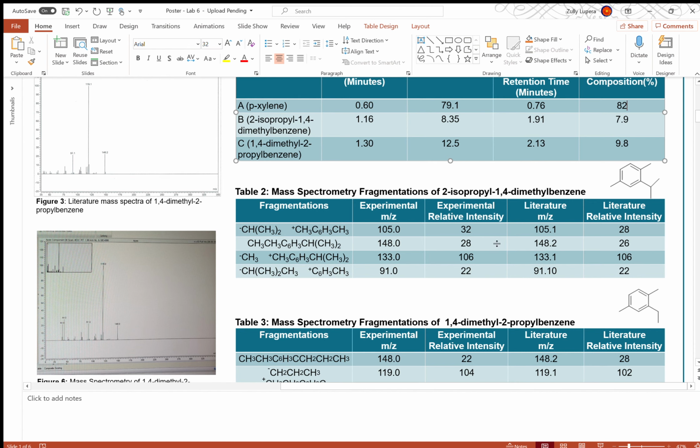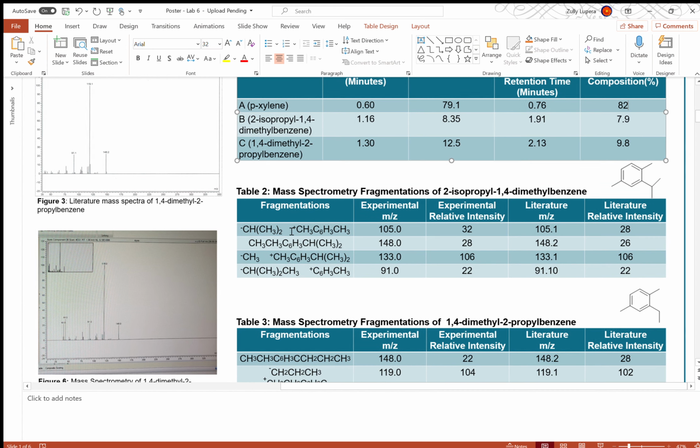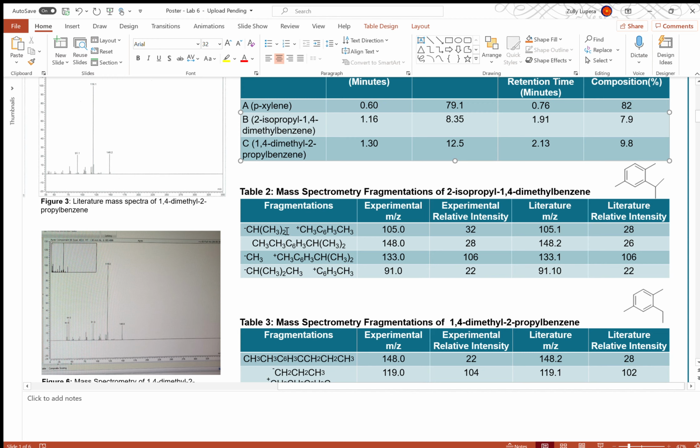And then we also have an experimental relative intensity of 32, which is close to the literature relative intensity of 28. This fragmentation occurs when the isopropyl group is removed and it contains the negative charge.